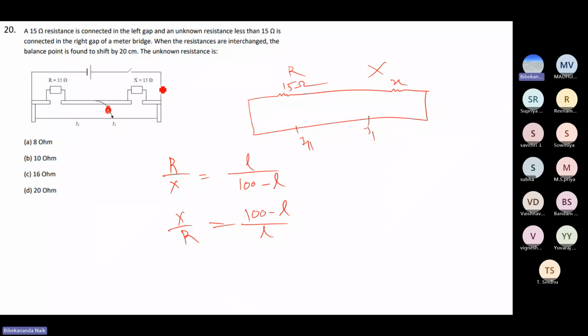So in the first case, since R is greater than X, L will be greater than 100 minus L.